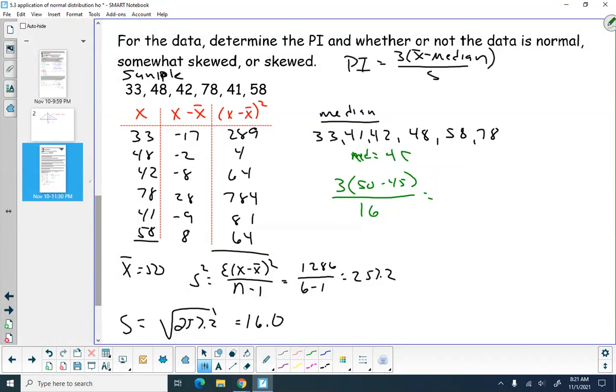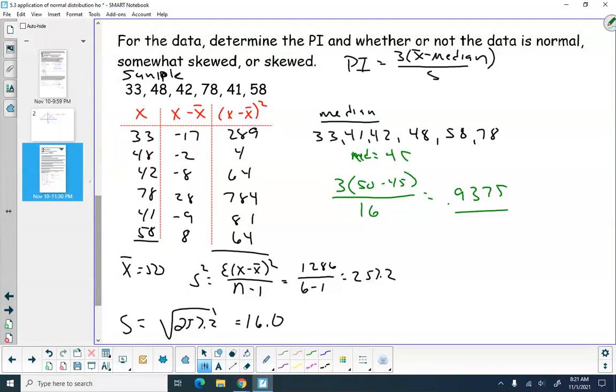So we have 3 times 5, which is 15, divided by 16. Ella, what did you come up with? So we're close to the value of 1. Okay, so we're very close to the value 1, but we're less than the value 1 still.